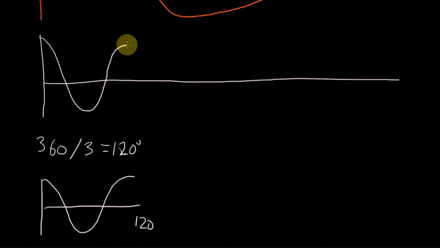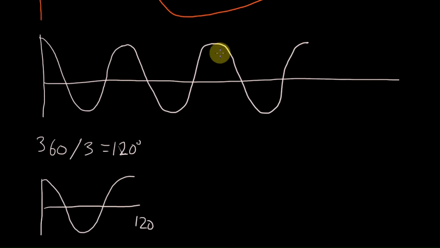So that's to 120. Let's go again. That's our second peak, and that's our third. With a cos wave, it's better to look at the peaks rather than the negative peaks. That's 1, 2, 3. So there's 360.